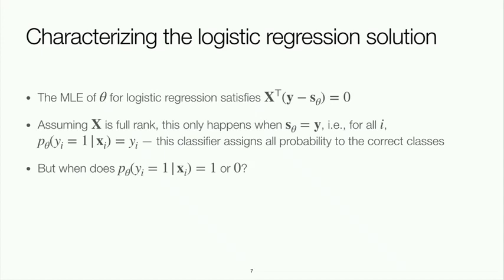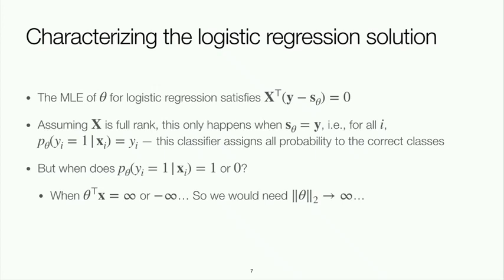Doesn't the sigmoid function approach 1 and... Yeah, exactly. It approaches 1 when the input is infinity, and it approaches 0 when the input is negative infinity. So for this to actually happen, we would need theta transpose x to be approaching infinity or negative infinity. I wrote equals here because I'm sloppy.